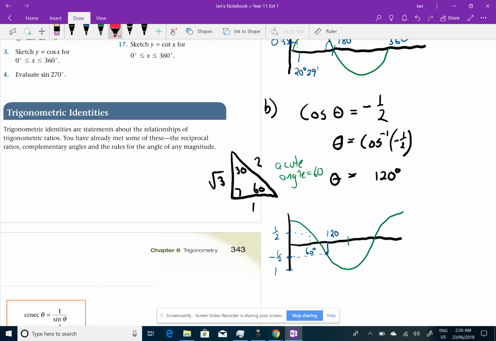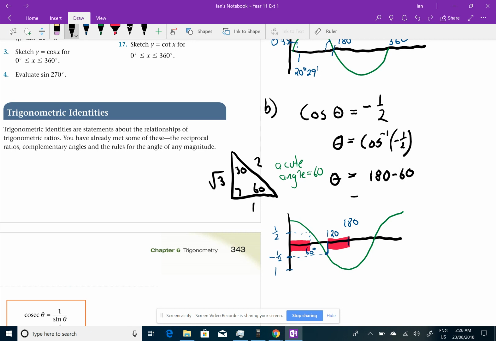And this distance is the same as this distance from 180. So if I'd found the acute angle, instead of writing 120, I could have worked out that the acute angle was 60, but it's negative. And where is a cos curve negative? It's underneath. So it's 180 minus 60.